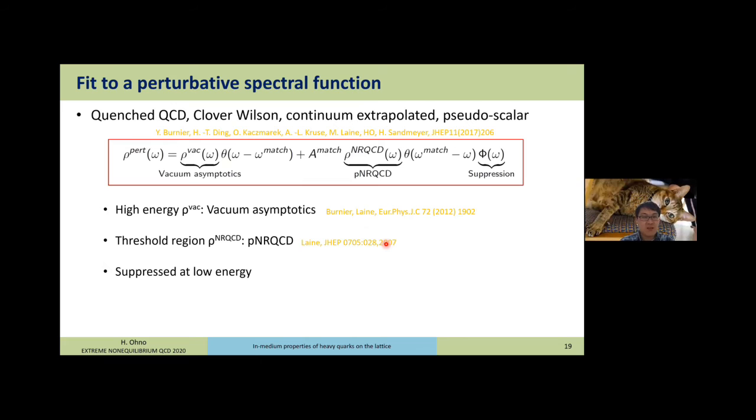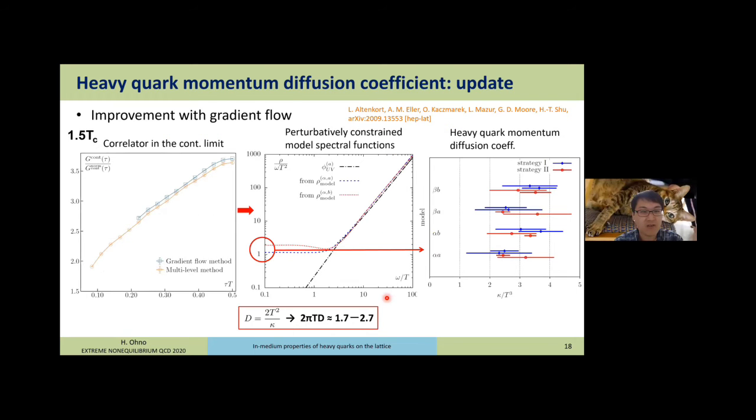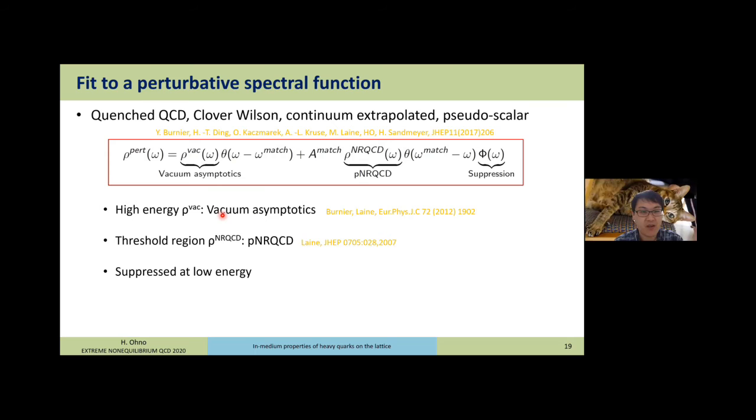Then now I also want to switch to my last topic, which is also some modeling of the spectral function by using perturbation theory. But in this case, we didn't use the color electric correlation function, but the mesonic correlator itself, using the same calculations.